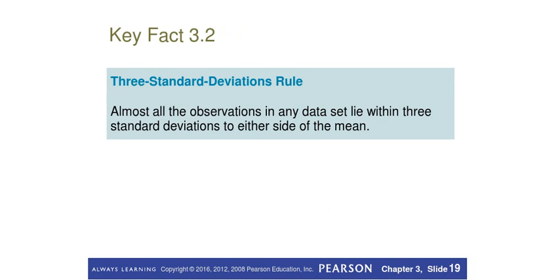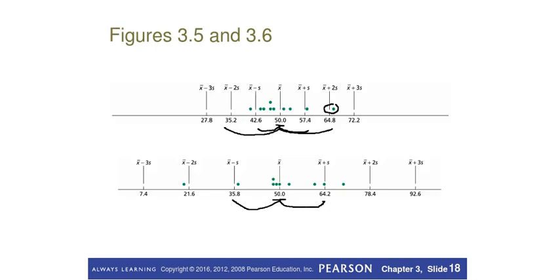There's one rule that you do want to know right here. We call it the 3 standard deviations rule. We say that almost all observations in any data set will lie within 3 standard deviations to either side of the mean. If it's normally distributed data, 99.7% of the data always falls within 3 times the standard deviation away from the mean.